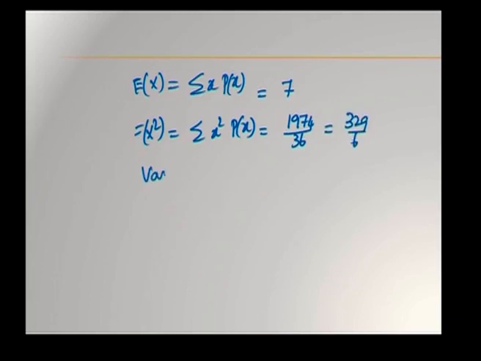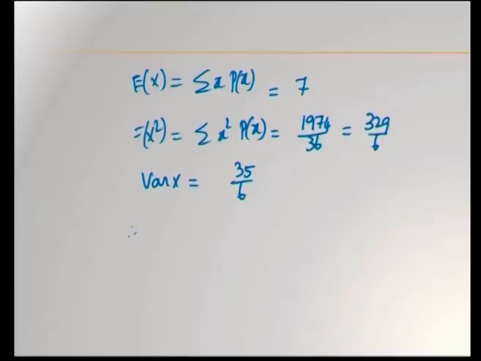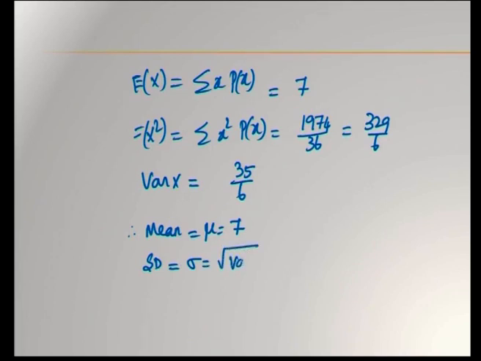So that you get variance of x is 35 by 6. With this information, we will go ahead in finding the required probability. So, you have mean mu is equal to 7, and standard deviation sigma is equal to root of variance, which is root of 35 by 6, right.